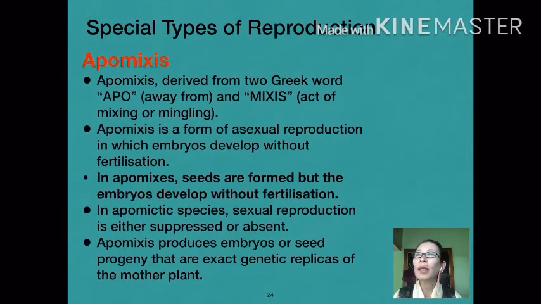Apomixis is considered a form of asexual reproduction in which embryos are formed without fertilization. Hence, the embryos or seeds produced by apomixis are exact duplicate copies of their mother plant. This occurs in plant species where sexual reproduction is either suppressed or absent.